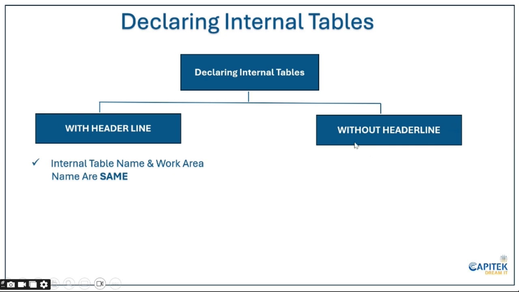And when we talk about internal table without header line, it means internal table name and work area name are different. So which technique do we generally follow while you work real time?